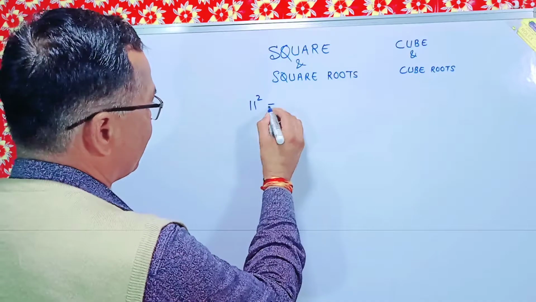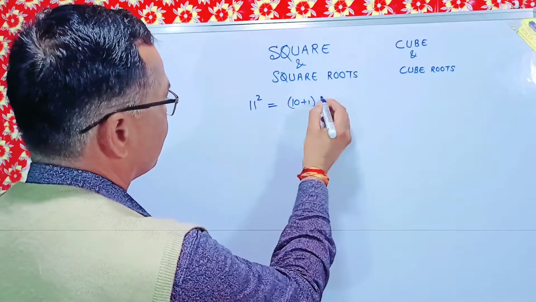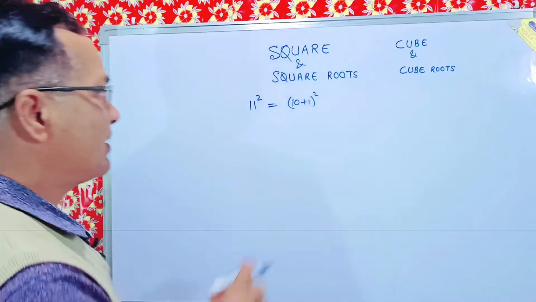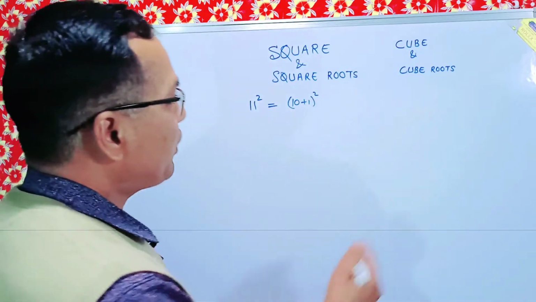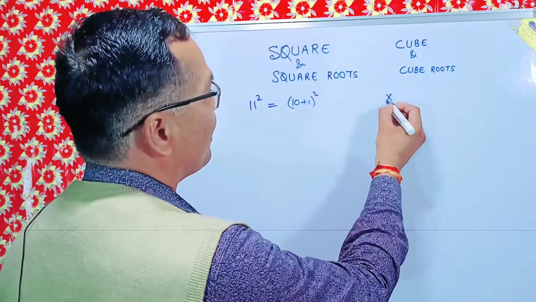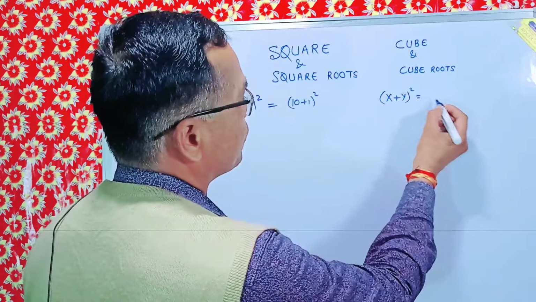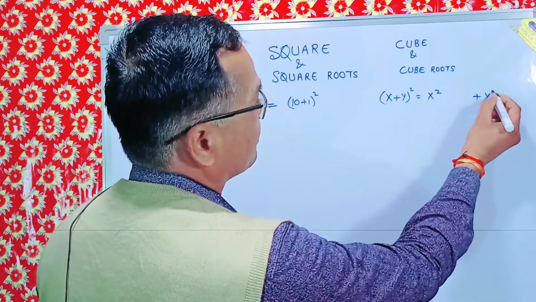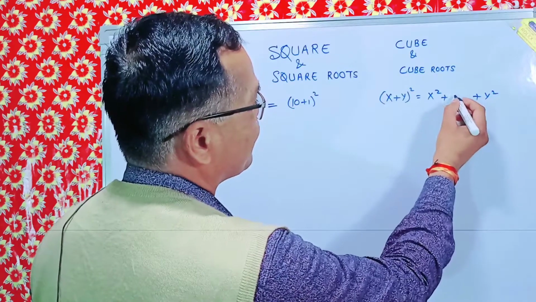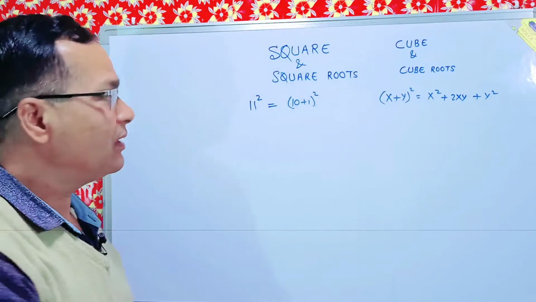Square of 11 I can write like this, the whole square of 10 plus 1. We all know the formula: x plus y whole square is equal to x square in the beginning, y square in the last, plus in between twice of x and y.